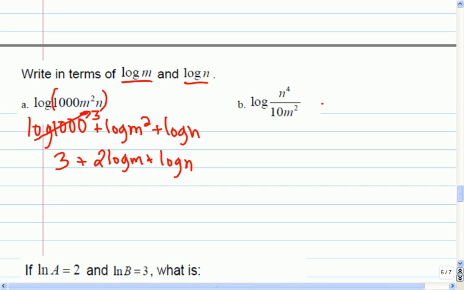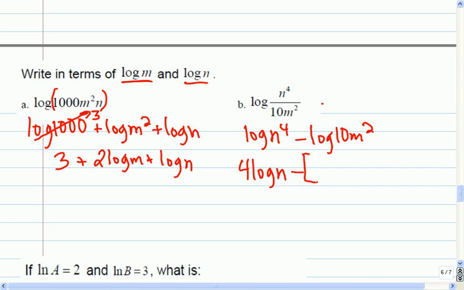Okay, can I just see, we've finished this one? You've worked it out? Excellent, okay. So to separate these, n to the 4 minus log 10 of m squared, and this would be 4 log n minus, well, this time we have to be careful when we separate it, because I'm subtracting the whole expression here.